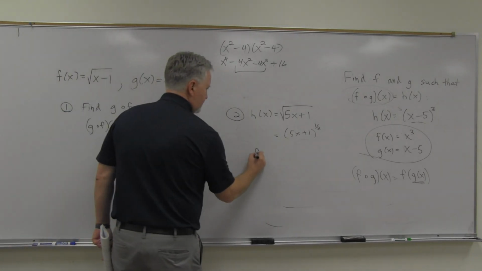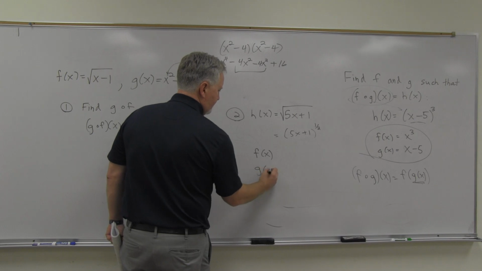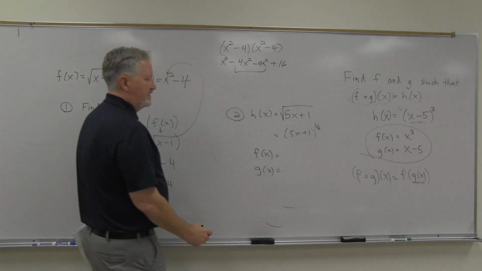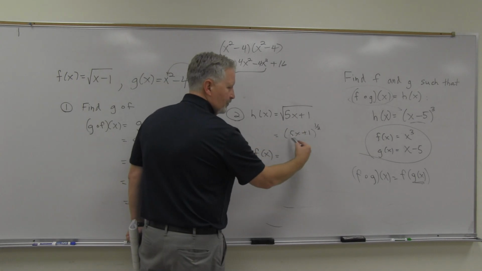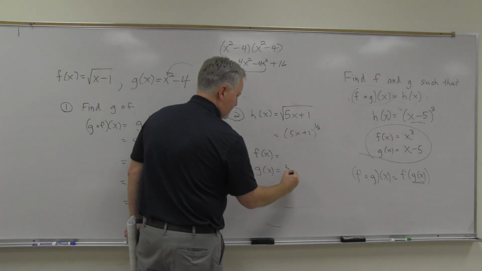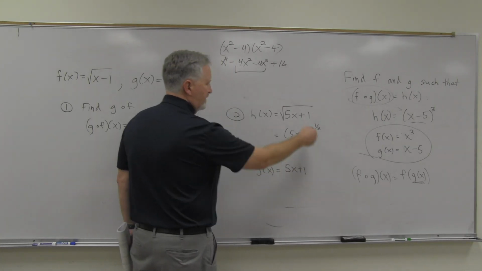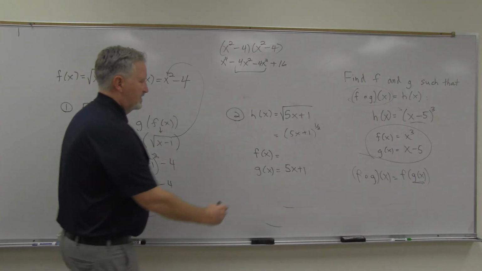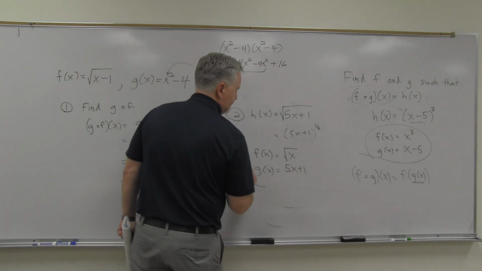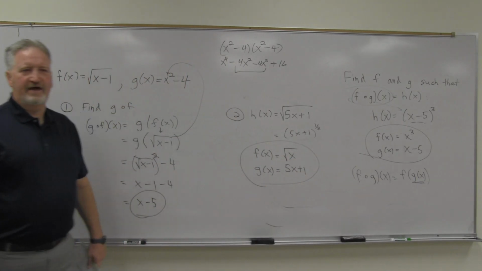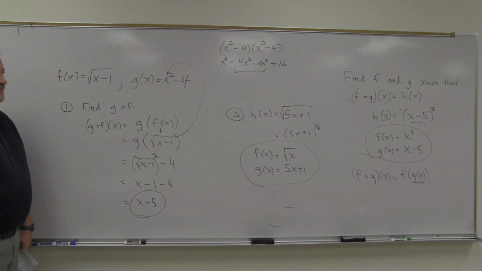So that's the first thing I do. g is going to be the 5x plus 1, the inside the parentheses there. And then the outside is the square root, so that's what f is. So, yeah. Hopefully that helps you out there. Any questions about that?